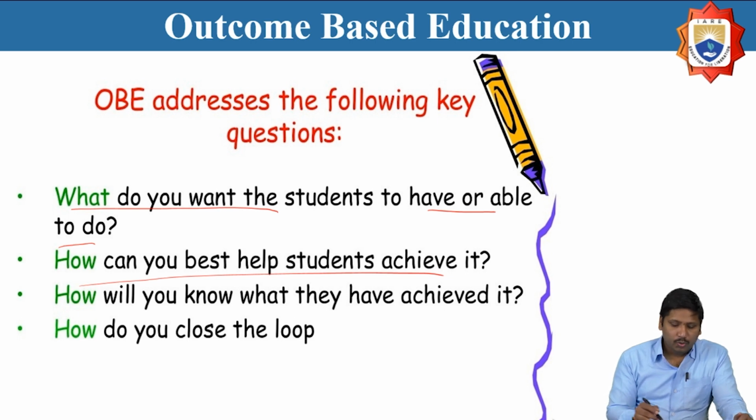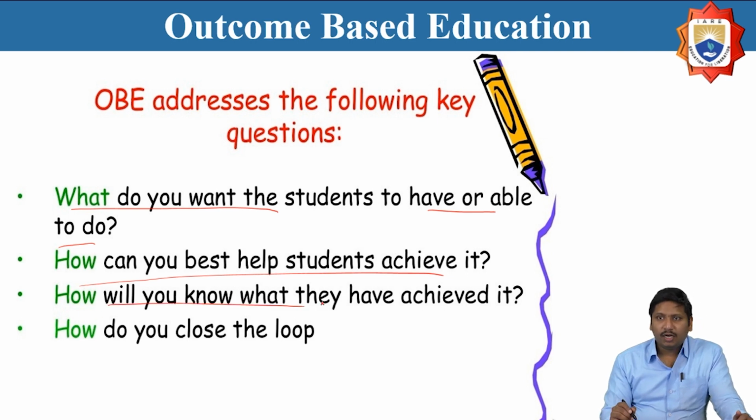How will you know that they have achieved it? And how do you close the loop? So OBE is going to address this kind of questions: what the students should have or be able to do, how to best help them achieve it, how will you know whether they have achieved it or not, and how do you close that loop.